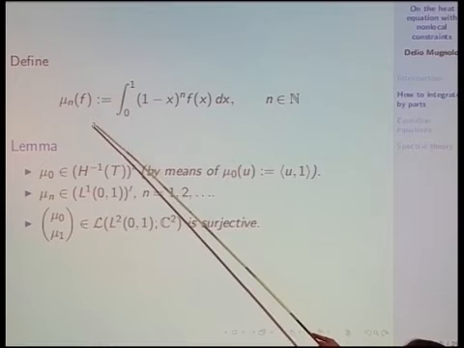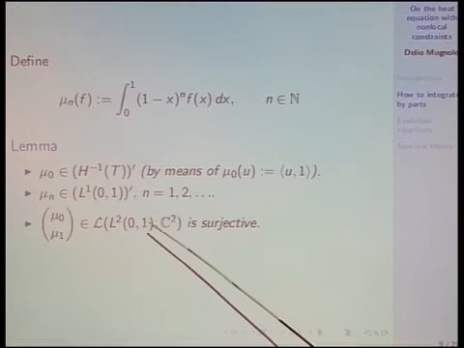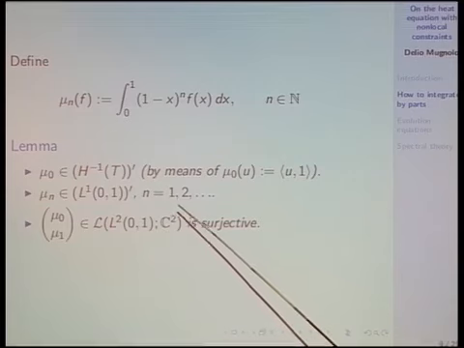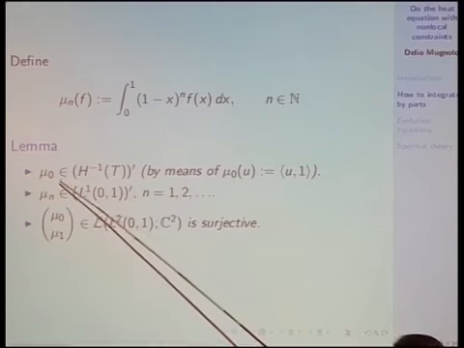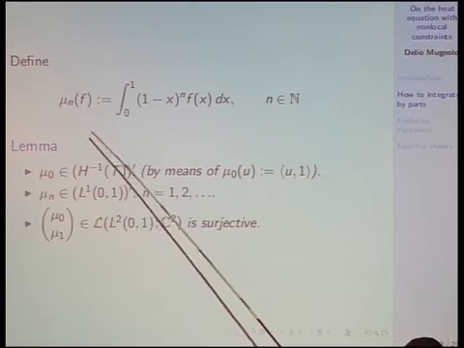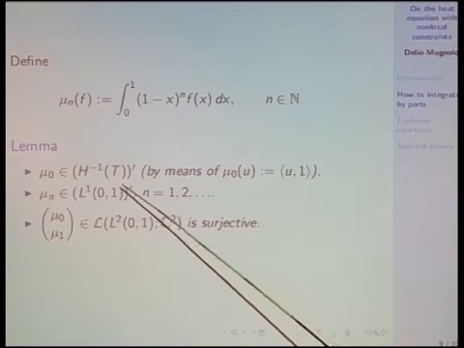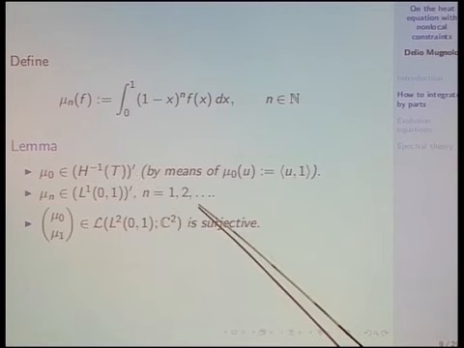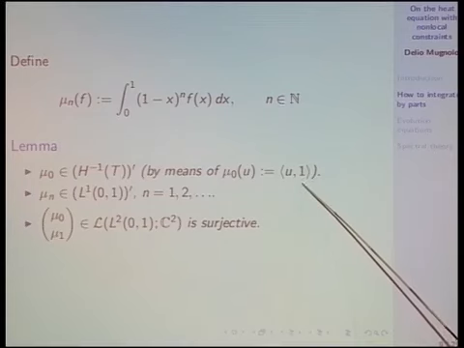So they are all continuous linear functionals on L1(0,1). But there is just one of them, namely the moment of order 0, which can also be continuously extended to H^{-1}(T). To see this, just consider this expression.